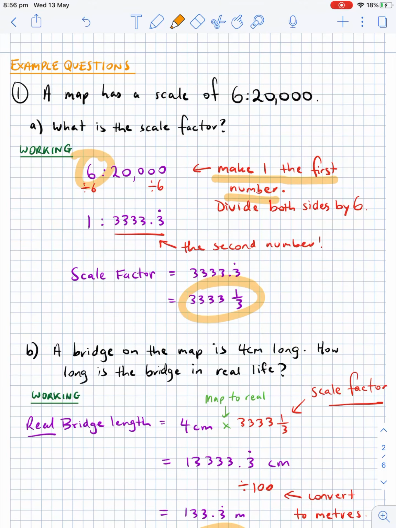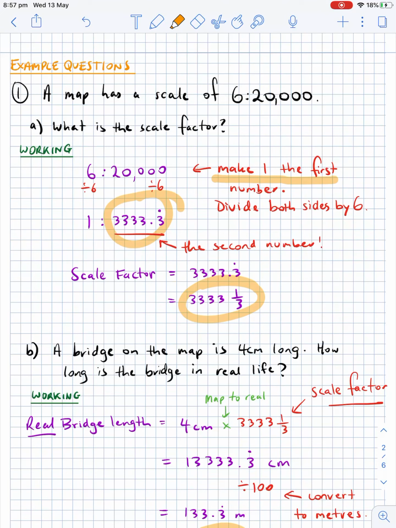The way to make this 6 become a 1, we have to divide it by the same number, 6. So 6 divided by 6 turns the first number into a 1, which is what we were planning to do. And then 20,000 divided by 6 becomes 3333.3 recurring.